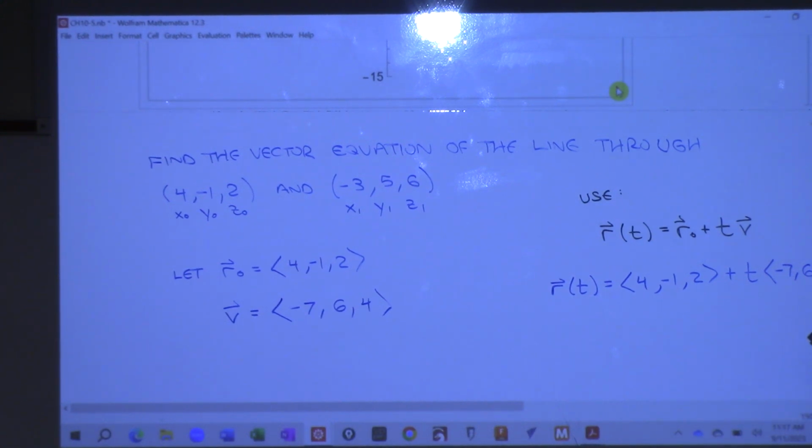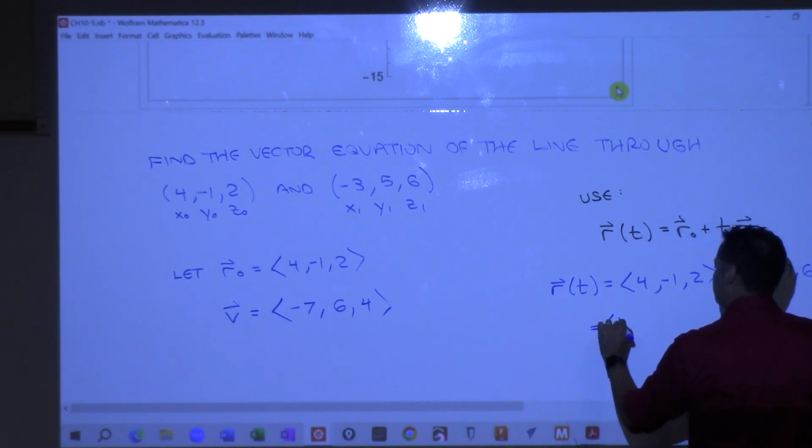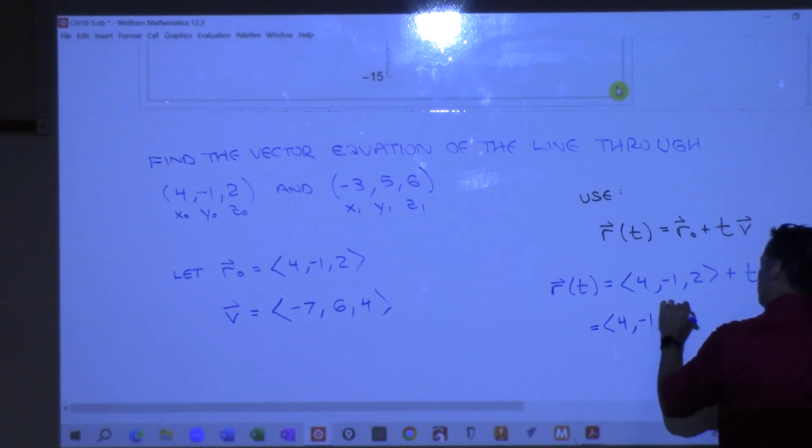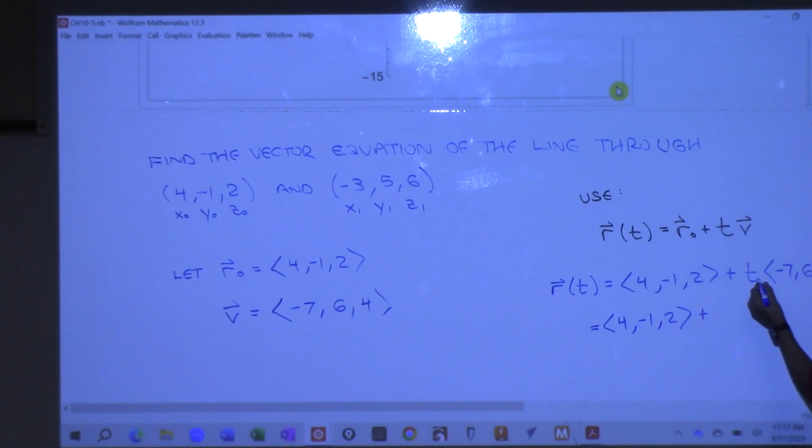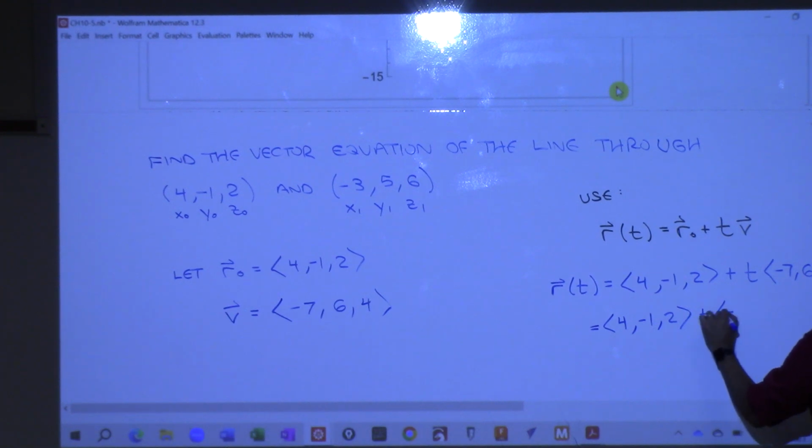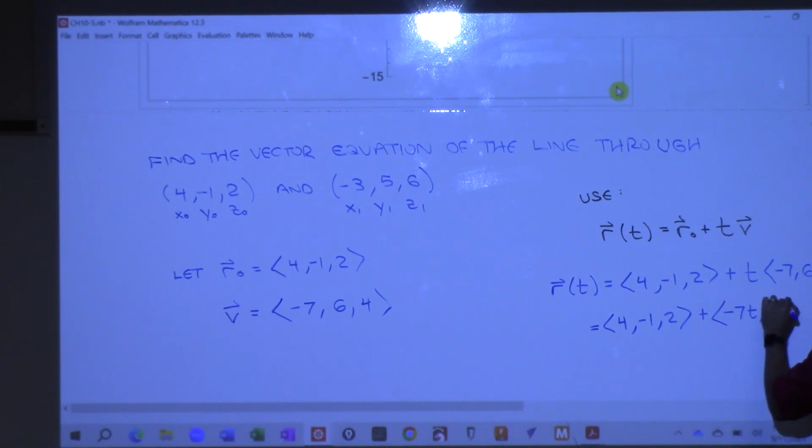Now, we don't normally write it that way. What we do is we actually put these together. So first I'm going to scale by t on this second vector, which we already talked about, scalar multiplication. You just basically multiply through. So it becomes -7t, 6t, 4t, right? And then how do we add two vectors together algebraically?